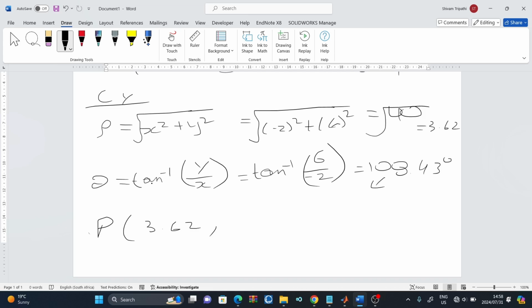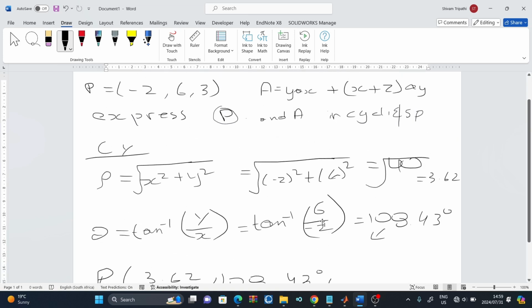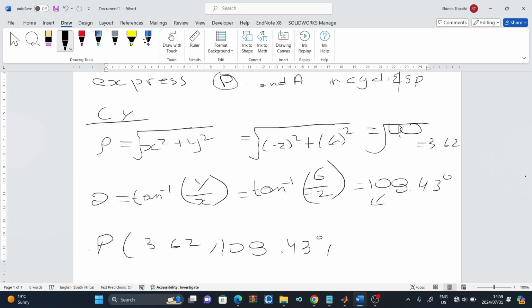I prefer radians, but you can also put it in degrees. I think in the notes they put it in degrees, but radians works better because most of the time we use that. Then our z value is the same, so z equals z, which is 3, I believe.